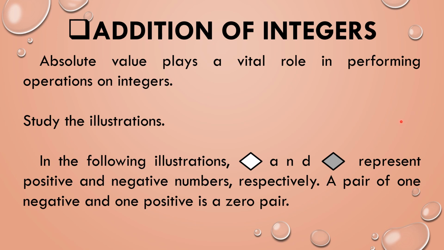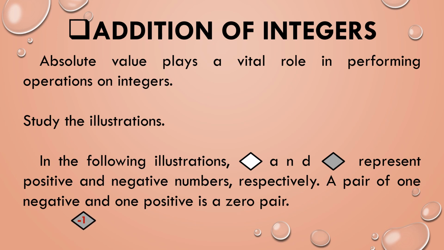So sabi dyan, let us imagine that this white diamond is for the positive number and this gray diamond is for the negative numbers. So kapag pinagsama natin ang isang white diamond at isang gray diamond, or pinag-add natin ang positive at negative, ang sagot nila ay zero, like this one.